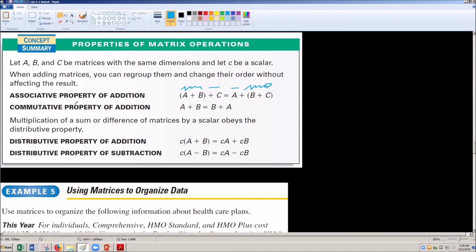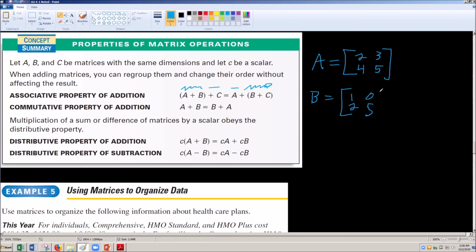Our commutative property is the same as well. It doesn't matter the order I add them. A plus B is the same as B plus A. When we're using letters like this, A, B, and C, these represent matrices. So we would see something like matrix A equals, I don't know, 2, 3, 4, 5, right? And then matrix B equals, I don't know, 1, 0, 2, 5.